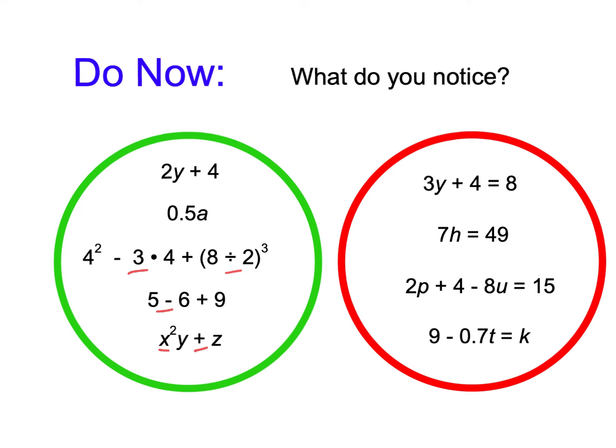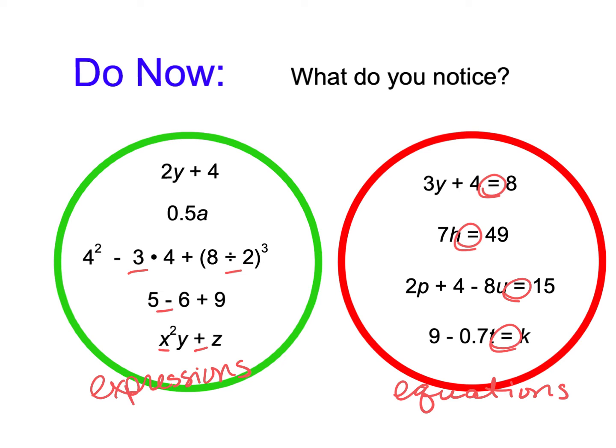But what's different is the red have equal signs. These in the green are what we call expressions, and over here is what we call equations. And we're going to be talking more about that in 3.1 for expressions and 3.2 for equations.